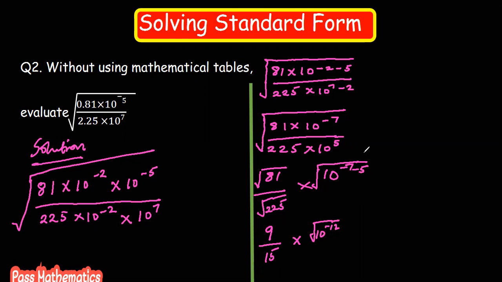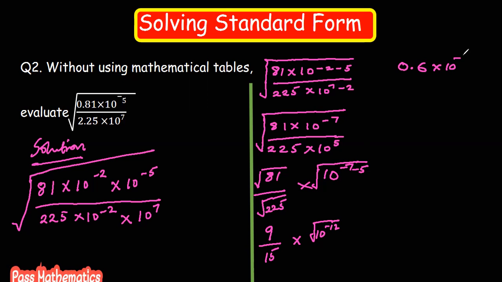And 9 divided by 15: 15 cannot go into 9, so we write down 0 and put a point here. We put 0 here, that becomes 90. How many 15 do you have in 90? That is 6, times 10 raised to the power of minus 12.